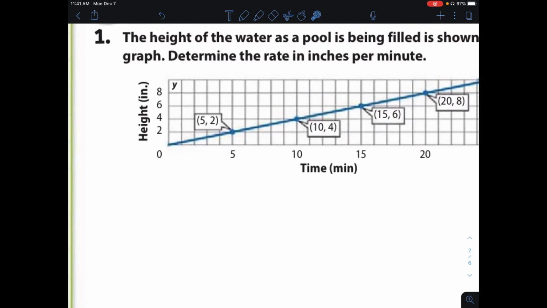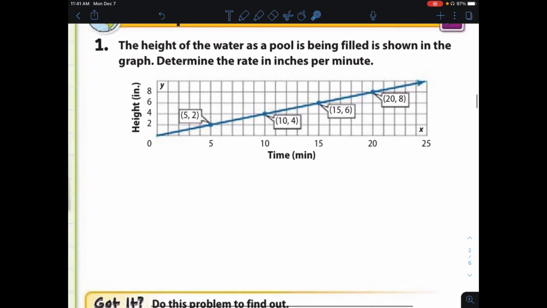On the y-axis, we have your height, which is in inches. And let's read through the problem. The height of the water as a pool is being filled is shown in the graph. Determine the rate of inches per minute. Notice inches per minute right here is already asking for your unit rate.